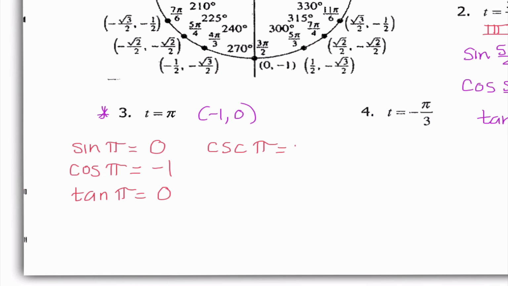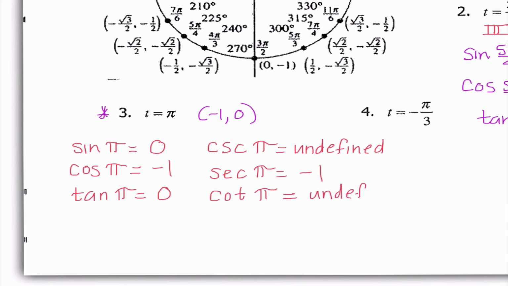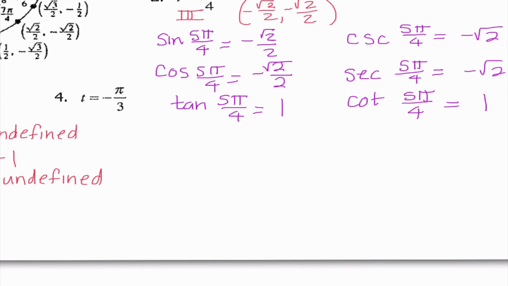We know we cannot divide by 0, so we would write that this is undefined. Secant of pi, the reciprocal of -1 is -1. And the reciprocal of tangent is cotangent. The reciprocal of 0 is undefined. Okay, so the reason why I wanted us to star this is that it's the type of angle where, regardless of what our favorite method is, we are going to use this way in order to figure out those values.